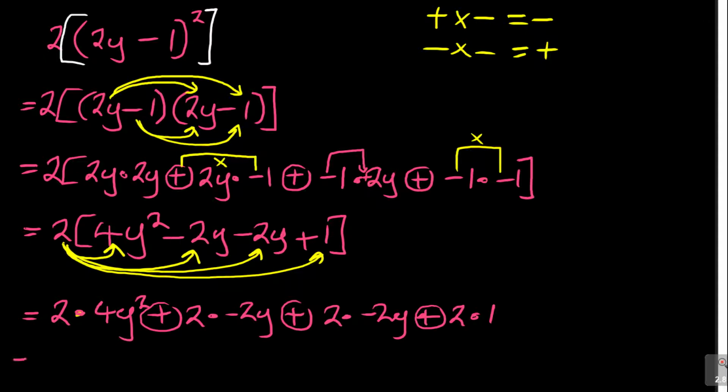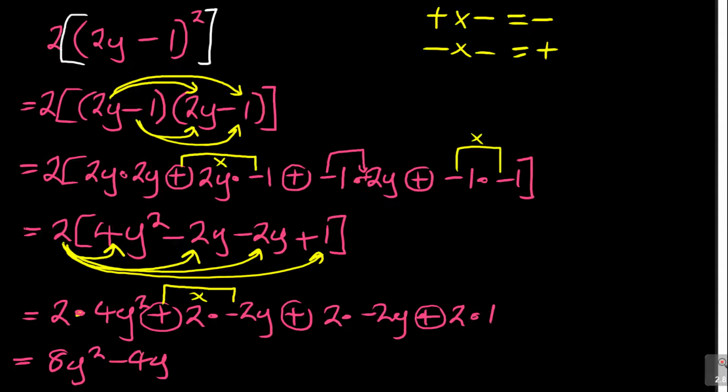So what we have, 2 times 4, the numbers, it's 8y squared. And then after that you've got 2, it's a positive 2. Look at this again, positive times what? Times negative. We say it is negative. So there you've got negative 4y.